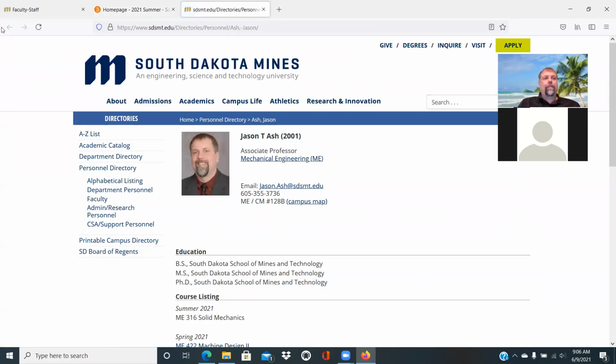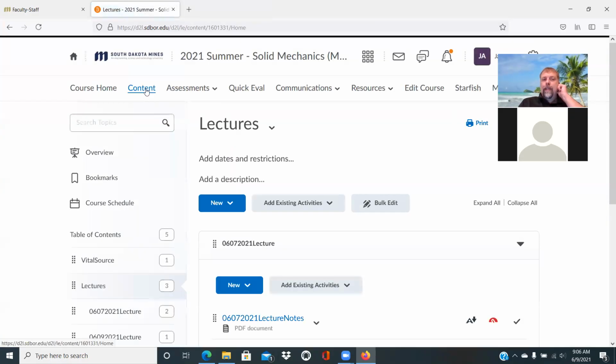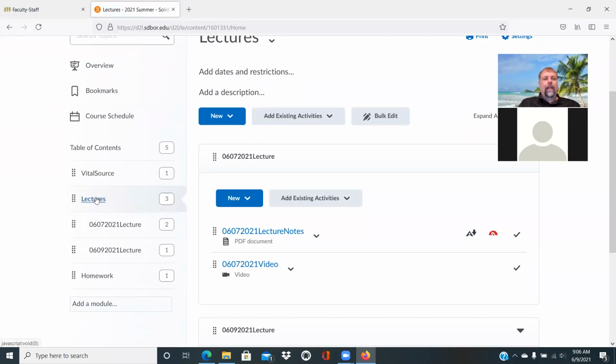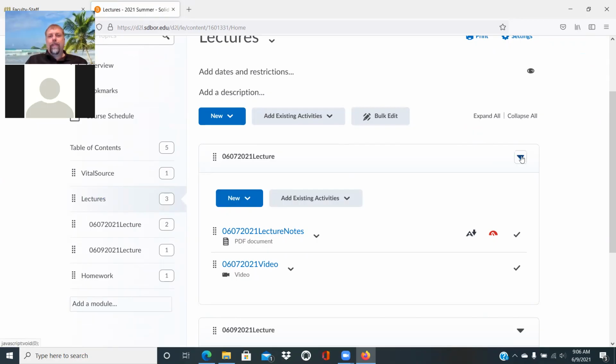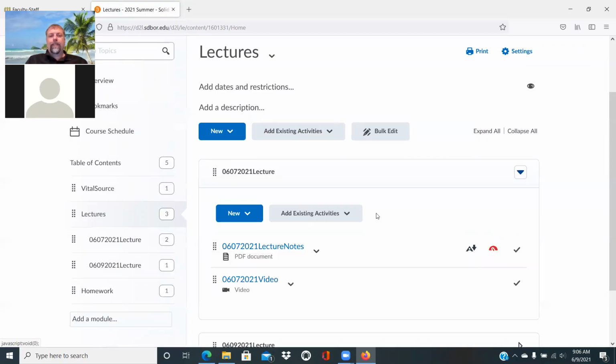There's the link to my page on the School of Mines homepage. And then most everything is found here under the content tab. I have these broken down into lectures now. What I'll do is make submodules for each of the lectures.